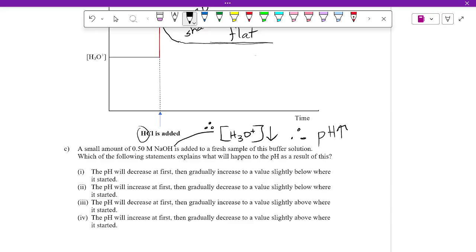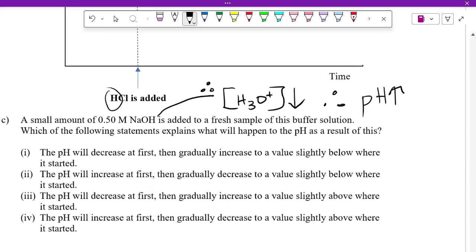So we can say it's either going to be 2 or 3. And if it goes up, what's the buffer going to do to it? It's going to make it go back down because it's going to minimize it. So it's going to then gradually decrease.